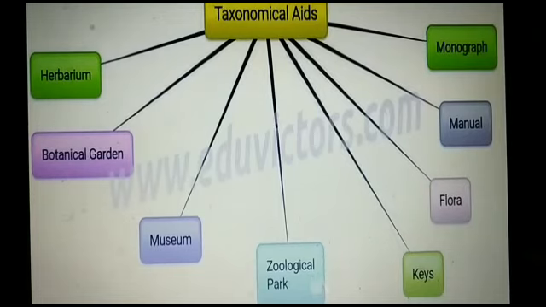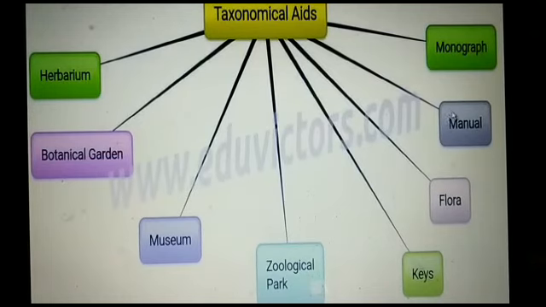The species which is found in a particular area, we keep in the information. And monograph: monograph contains information of any one taxon, either genus, species, whatever, but keeps information on only one taxon. Okay, so this is all for today.